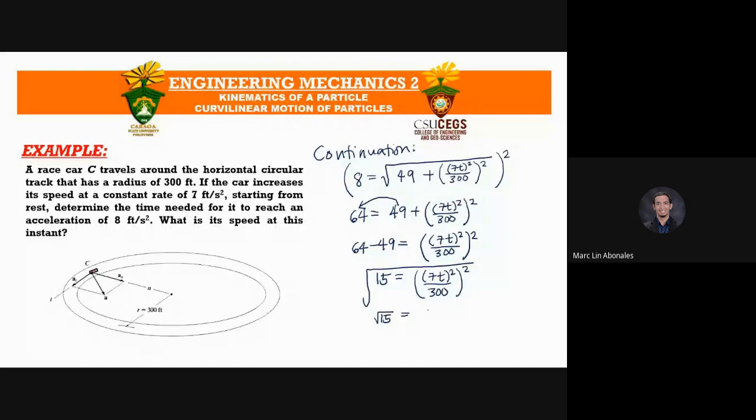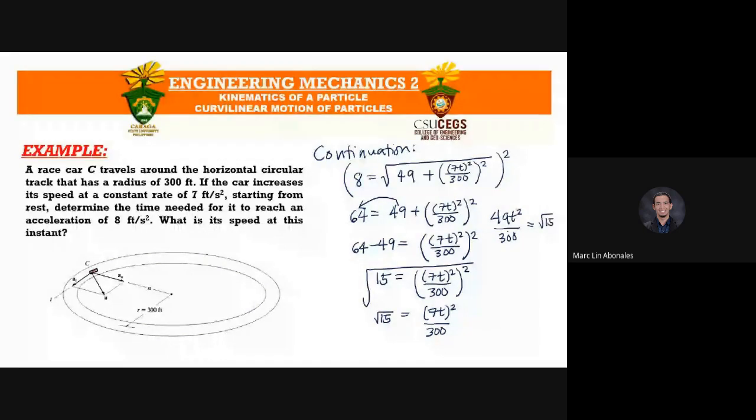So that would be 7t squared over 300. Then kani simplify nato ni siya. So baliktad lang nako para sa right side ang sa left side ang naay variable t. So that will be 49 t squared over 300 is equal to square root of 15.